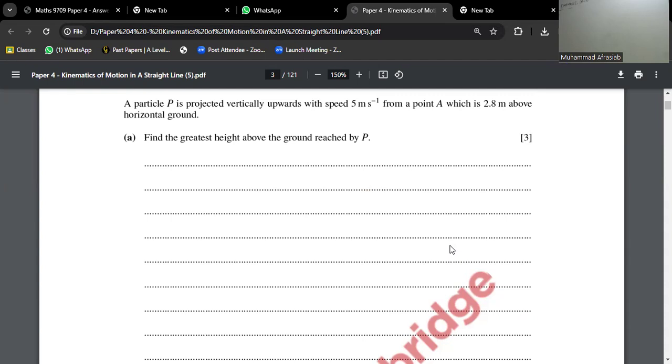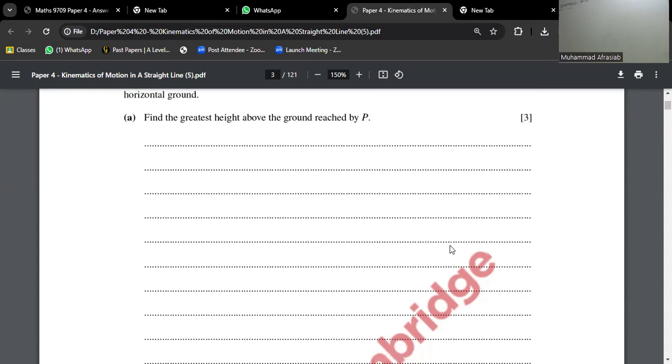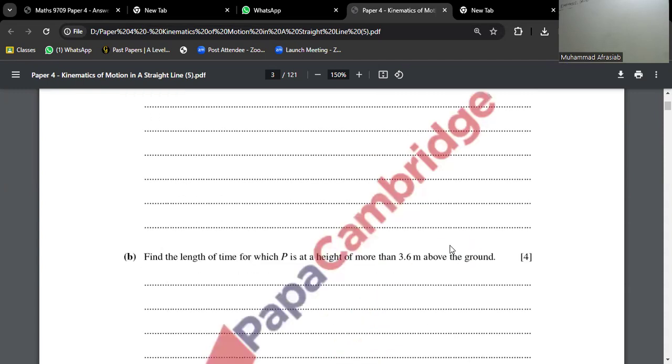Part A, find the greatest height above the ground reached by the particle P, and find the length of time for which P is at a height of more than 3.6 meters from the ground.